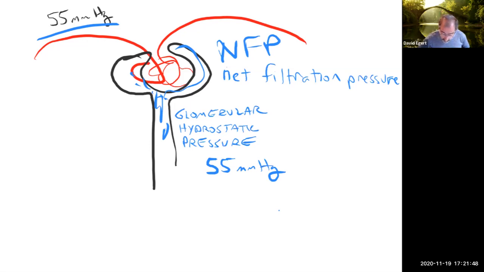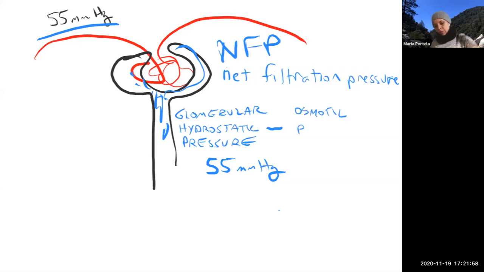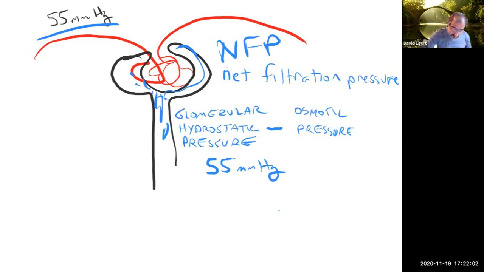What kind of things are going to fight it? Osmotic pressure. Absolutely. As more and more water leaves and we still have those plasma proteins staying in the blood, there's going to be more and more of an osmotic pressure pulling back into the bloodstream.